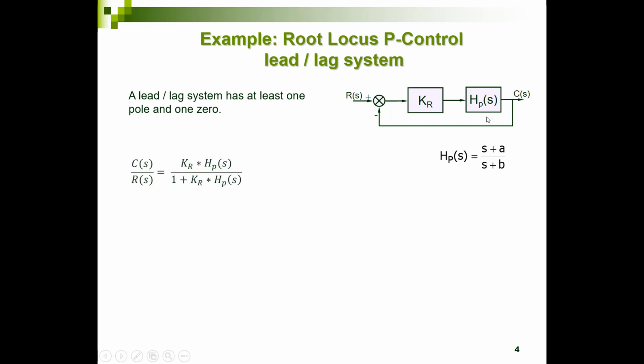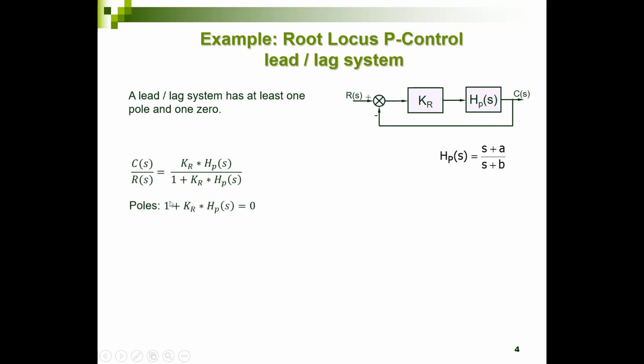C over R is kr times HP divided by 1 plus kr times HP. Again, all the blocks in the forward branch divided by 1 plus all the blocks in the loop.